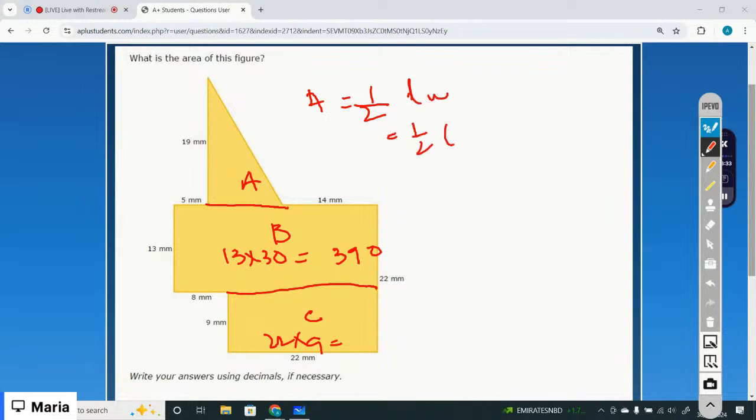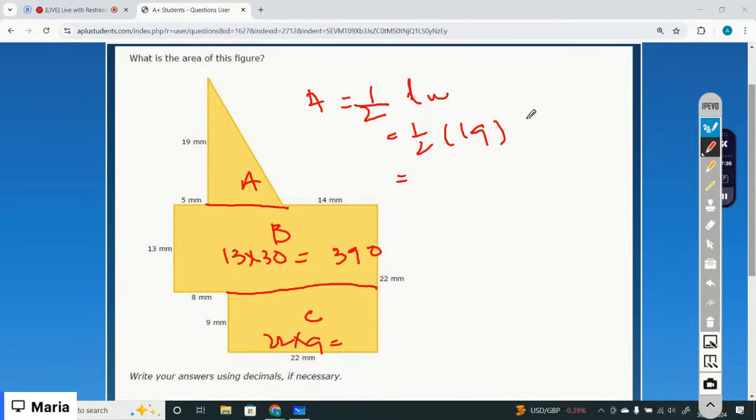And the area of the triangle A equals 1 over 2 times length is 19 and base is 8, 14 plus 5 is 19, 11 it is.